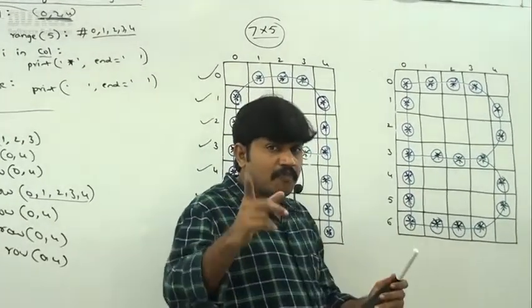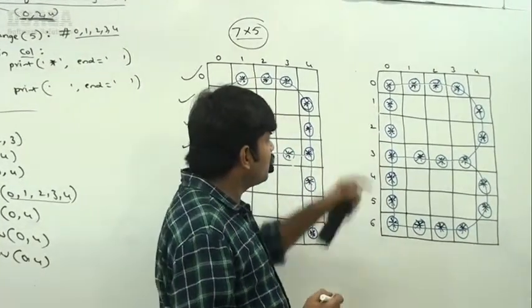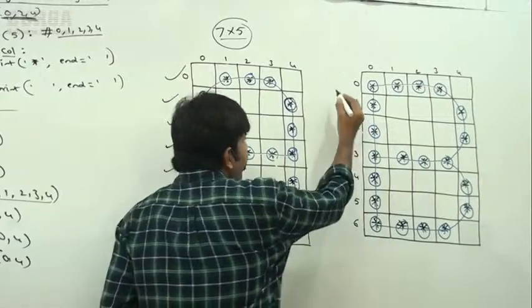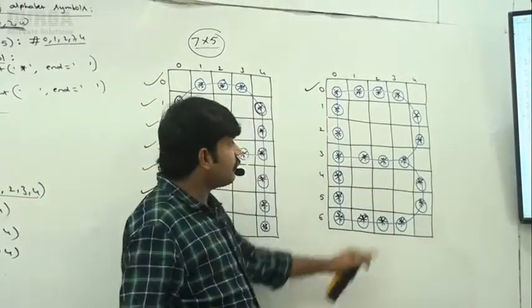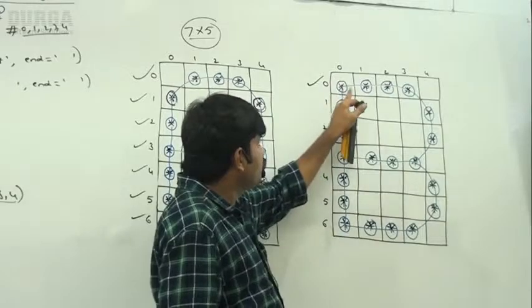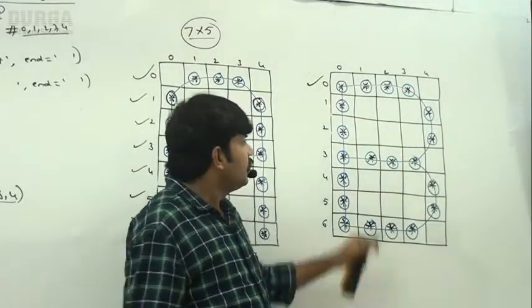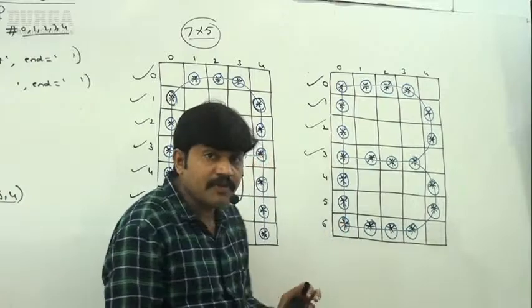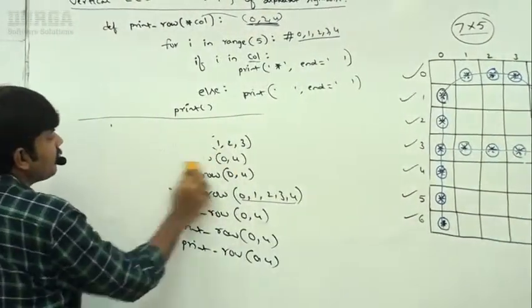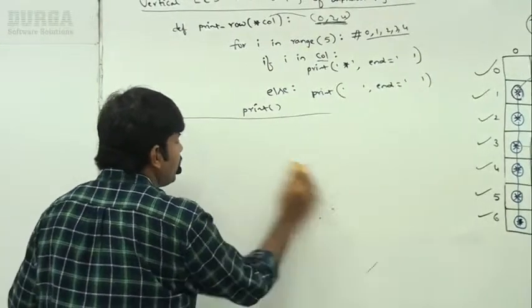In the first row, where are star symbols there? 0, 1, 2, 3. Except the last one, 0, 1, 2, 3 star symbols are there. Second row, third row, like all. Let me write the code. Observe carefully. I want to write a separate function, sir, to print B also.